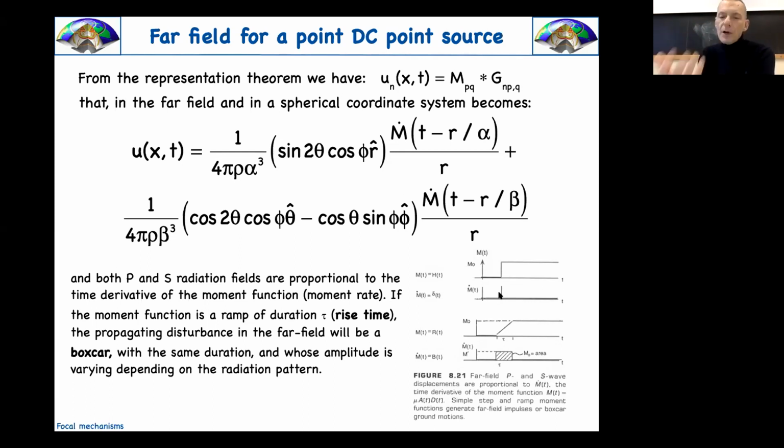In a more realistic fashion, let's imagine that our slip is occurring in some time. This amount of time is called the rise time, the time necessary for one point on the fault, but today it's a point. If it is taking time tau, then what we are getting at the receiver will be a boxcar with duration tau.